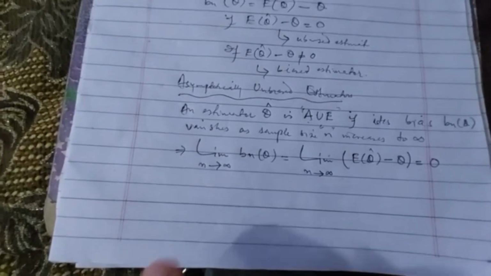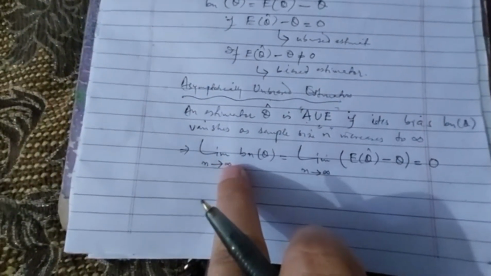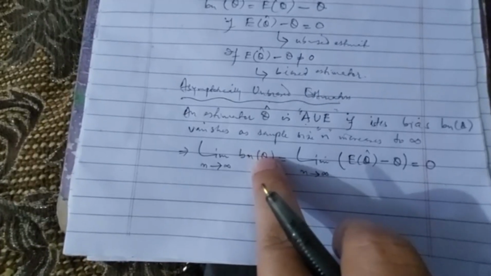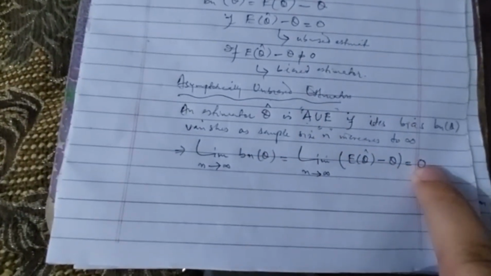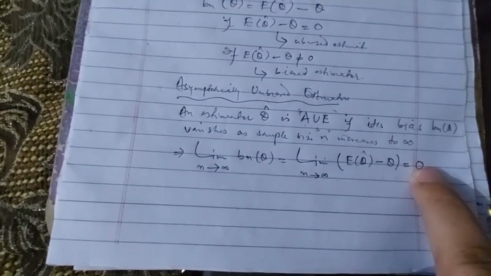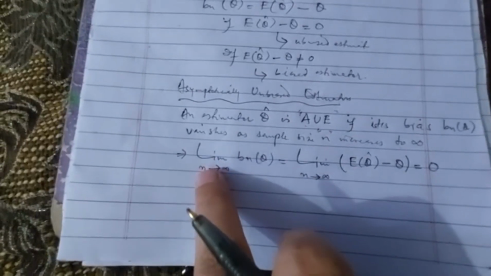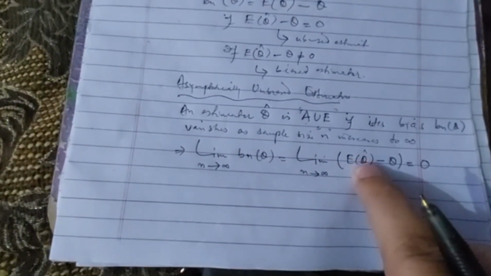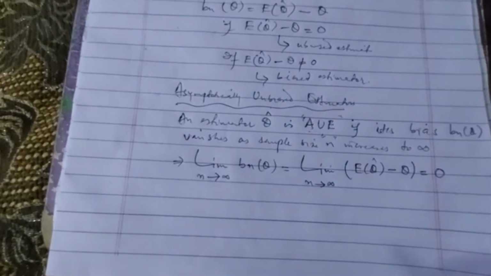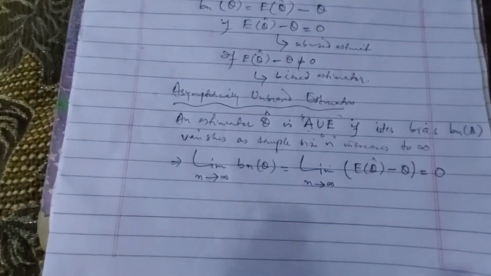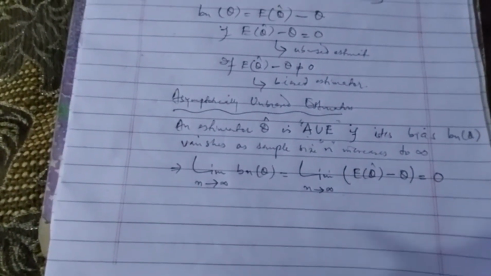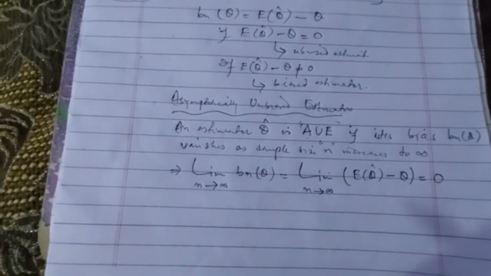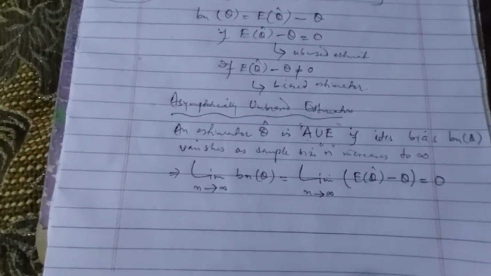It means that as n tends to infinity, the bias of the estimator is equal to 0. It becomes unbiased. But initially, for small n, there is bias. E of theta bar minus theta will give us some value greater than 0. It means that there is some difference between the real or true parameter value and the estimated value.